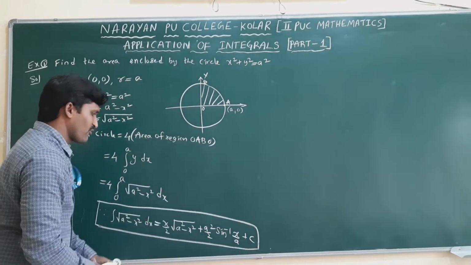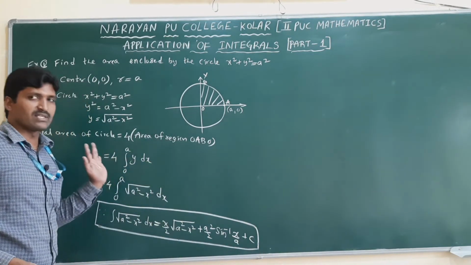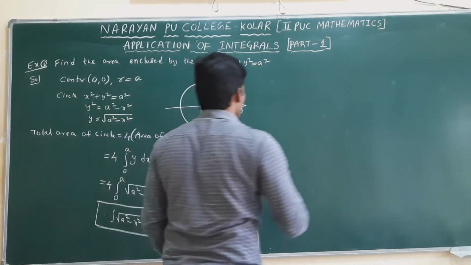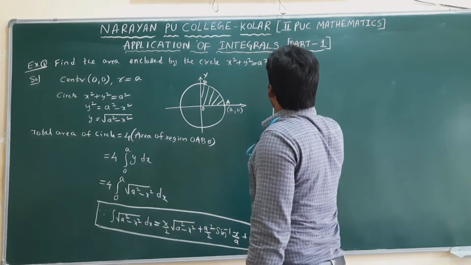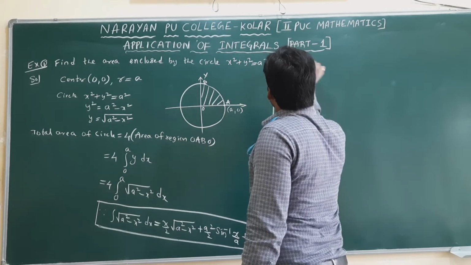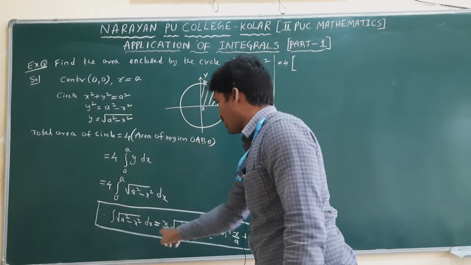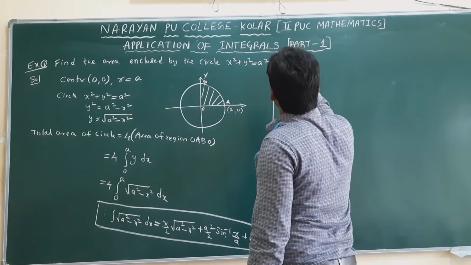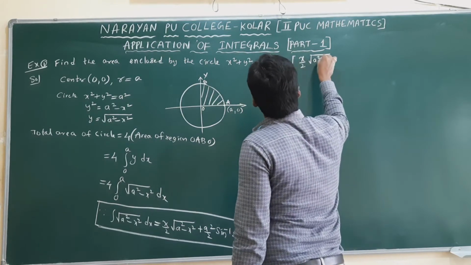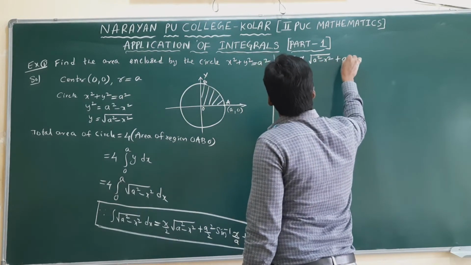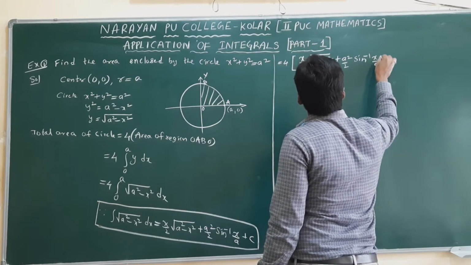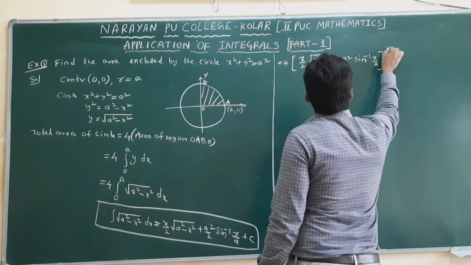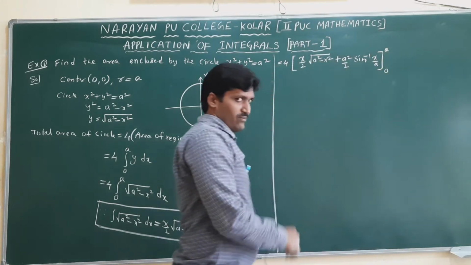For maximum number of questions you will use this formula only in this chapter. 4 into apply formula, integral of this: x by 2 into root of a square minus x square plus a square by 2 into sin inverse of x by a. Don't take sigma, limits is from 0 to a.